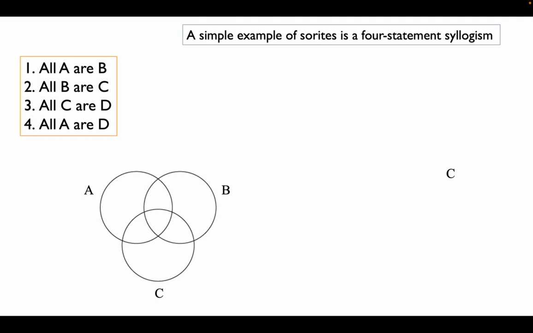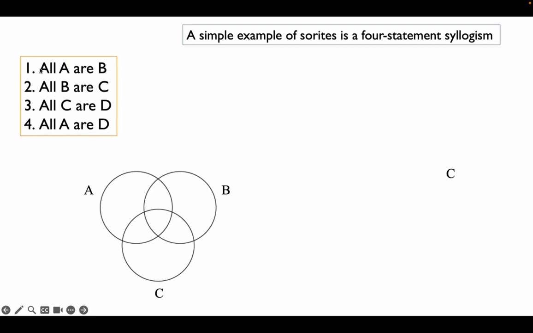We have all A are B, all B are C, all C are D, all A are D. Notice that this is in standard form because one term of the conclusion, namely term A, is also stated here in the first premise. Notice that each premise shares a term in common, B and B, C and C, D and D.